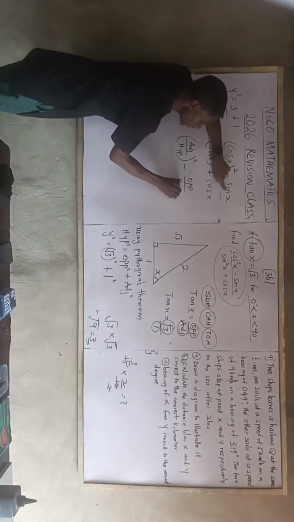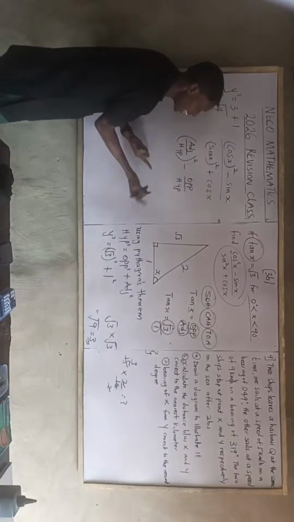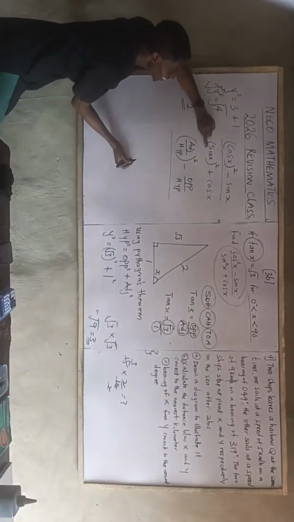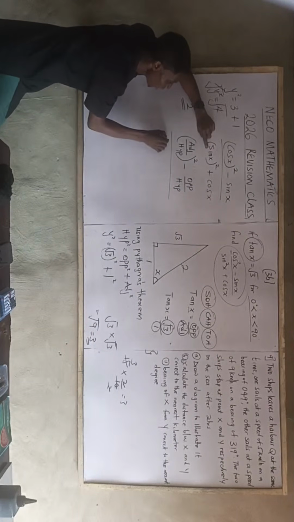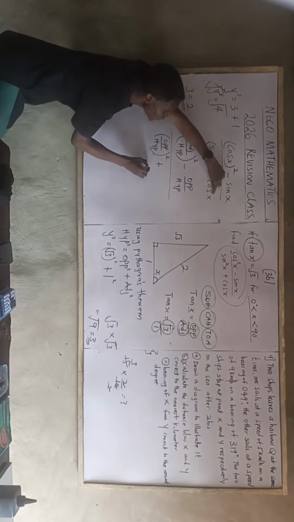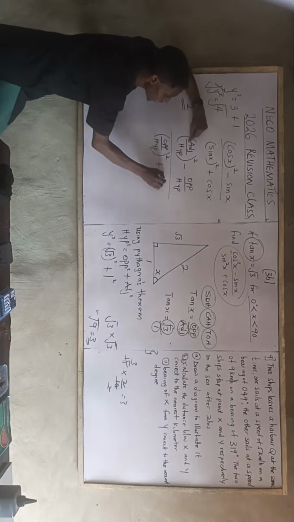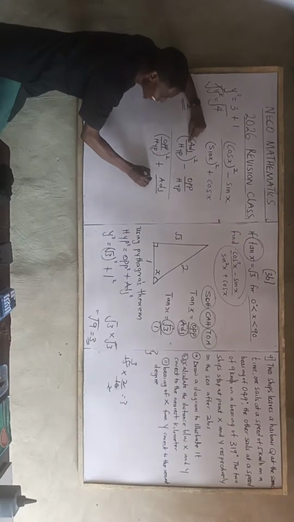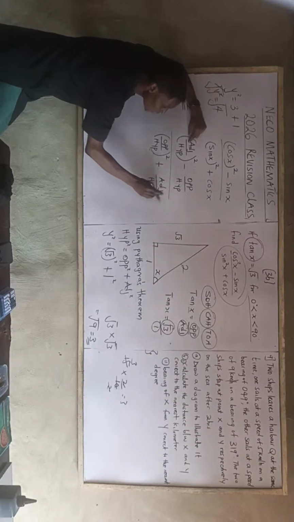The sine isn't squared here. All over the sine here also, opposite over the hypotenuse. It is squared here, so I've got to square it, plus cos x. The same thing here, but not squared: adjacent over hypotenuse.